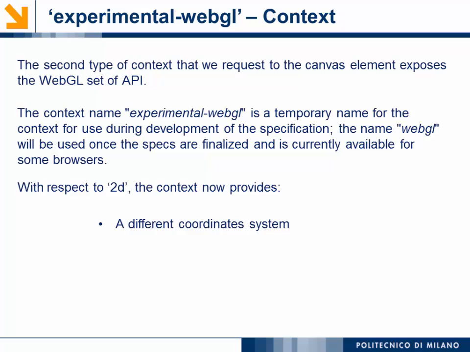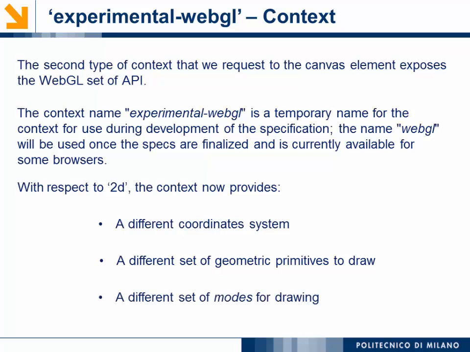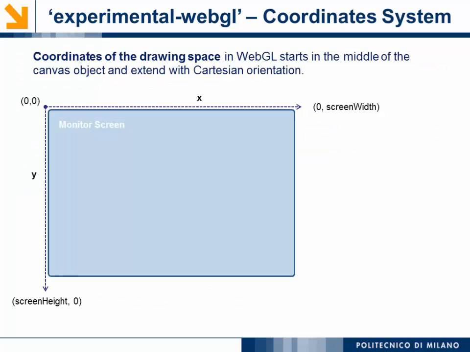The WebGL context is going to expose, first of all, a different coordinate system, not at all similar to the one we already saw. A different set of primitives to draw, not as simple as those we just experimented with, and different modes of drawing. We will see in a while all these bullets in detail.